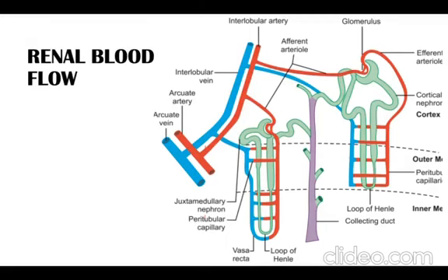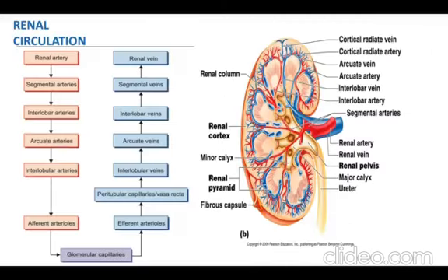Start from the aorta. Okay, for this renal circulation ni, each kidney is supplied by a single renal artery that originates from aorta. Okay, first, renal artery branches to form anterior and posterior divisions that form total 5 segmental arteries.